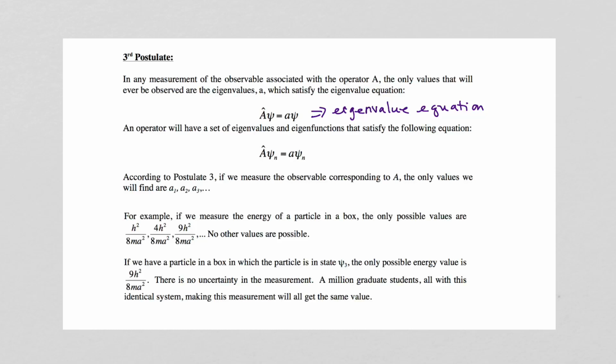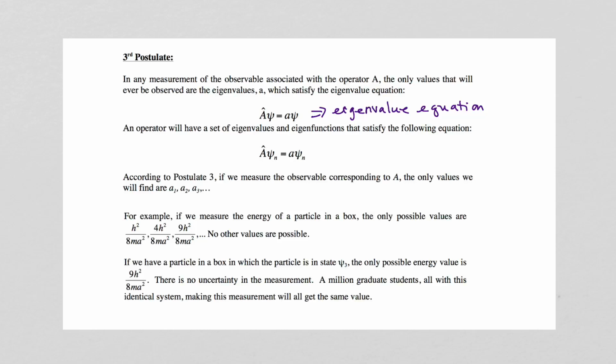So the basic idea of an eigenvalue equation is that we have an operator, operator A, just a general operator. It's going to act on our wave function, in this case psi, and then that's going to spit out our same function back. So we get our psi back, we get our wave function back, times a constant represented by a. Okay, that is the premise of an eigenvalue equation. It is not the same idea as an algebraic equation.